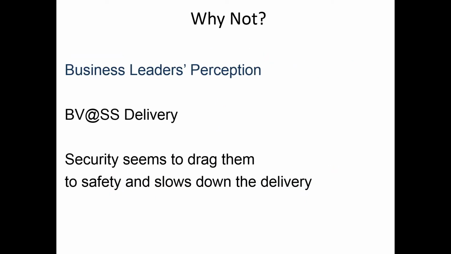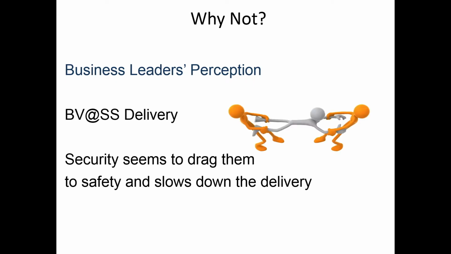So the question is, what's stopping us from bringing the security into DevOps to make it successful? Business leaders think that, at the start, security slows down speed of delivery. They think it is dragging them back.